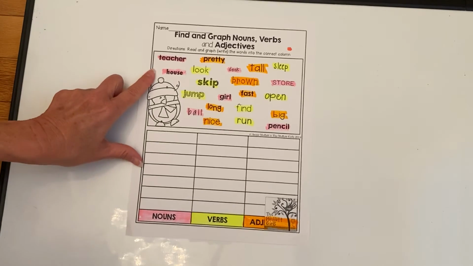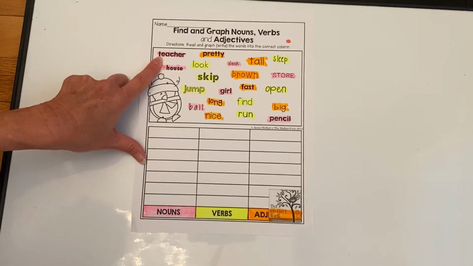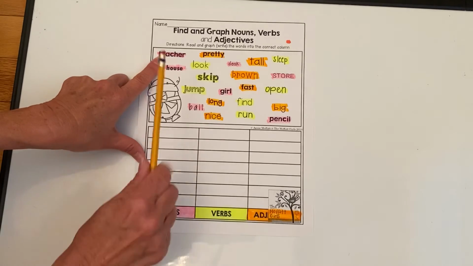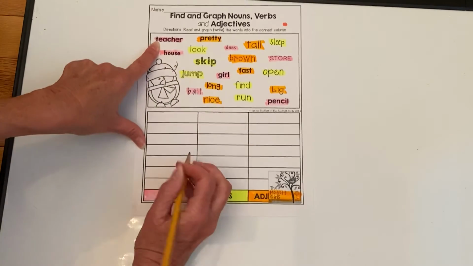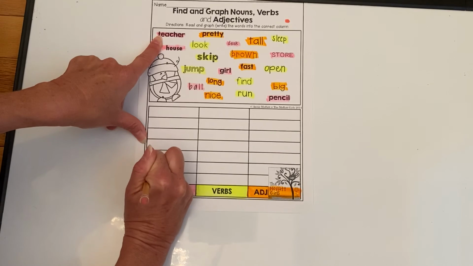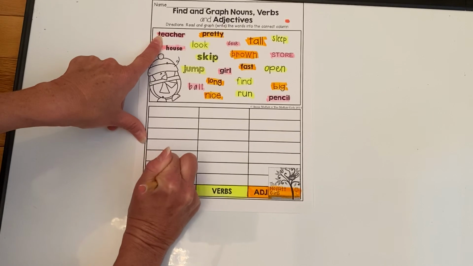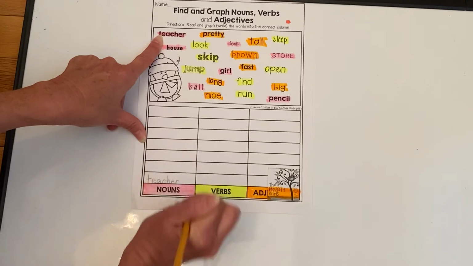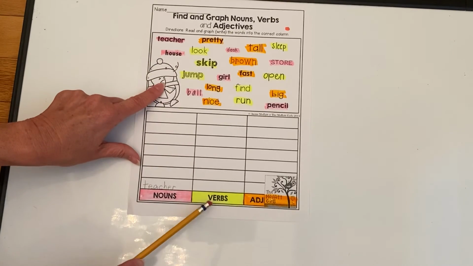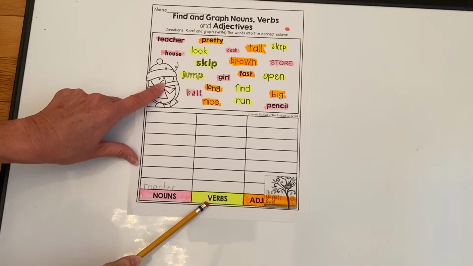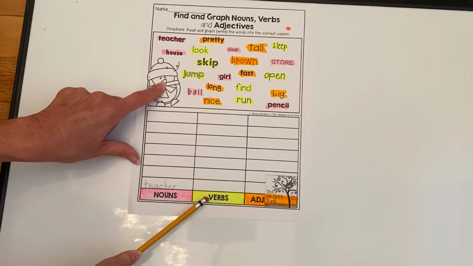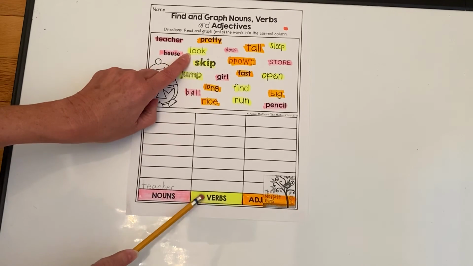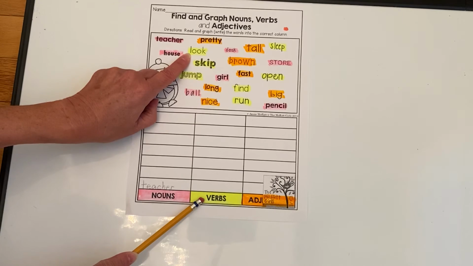So I'm going to do one with you. The first word that I see is teacher. We know that teacher is a person, so I'm going to write it very neatly in the rectangle. And then I'm going to choose a verb. My verbs were highlighted in yellow, and they are action words.